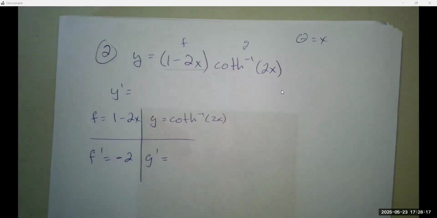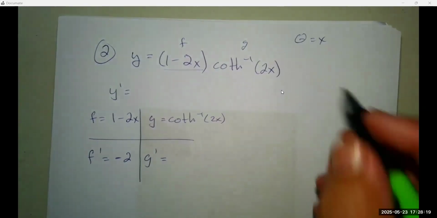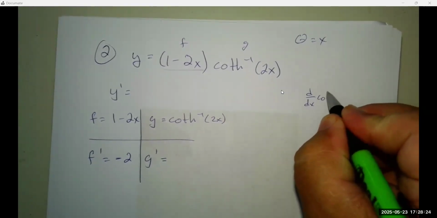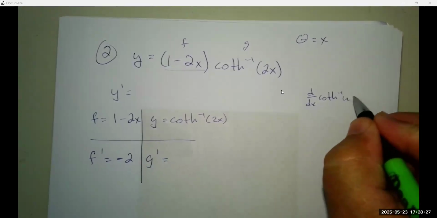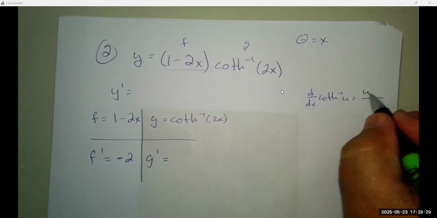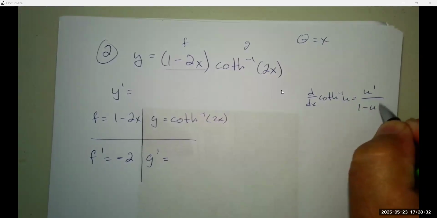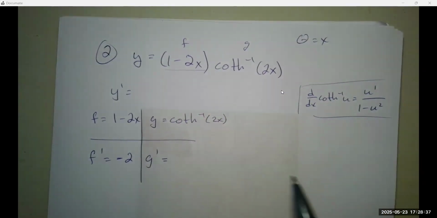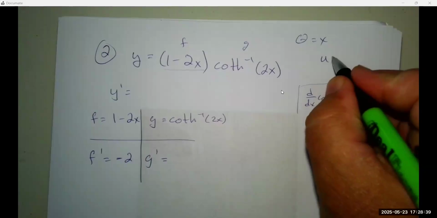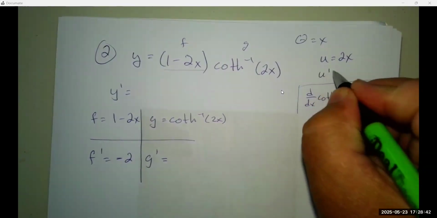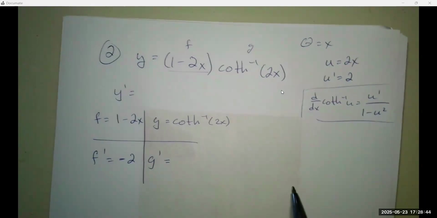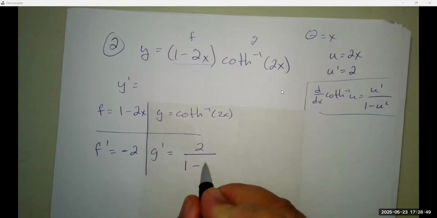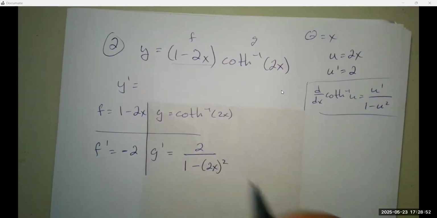And the derivative of this one, again, we have to use the same formula, because remember the derivative of inverse cotangent hyperbolic of u is equal to u prime over 1 minus u squared. This is the formula we'll be using for the g. So since my u is 2x, my u prime is 2. So the numerator is 2, over 1 minus 2x squared.